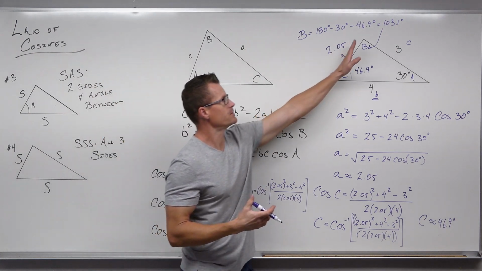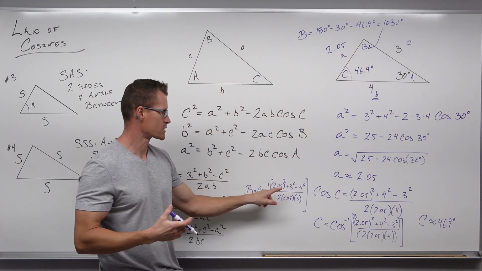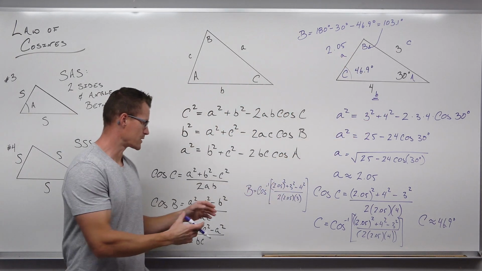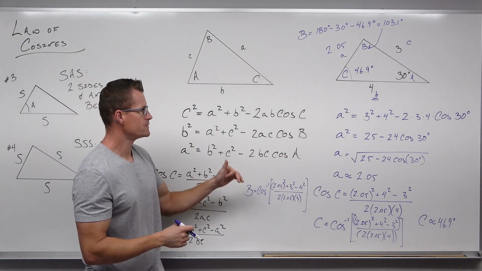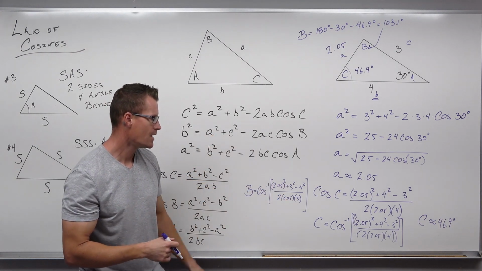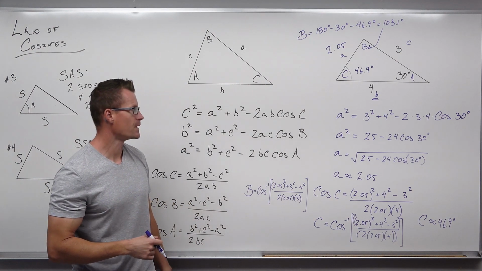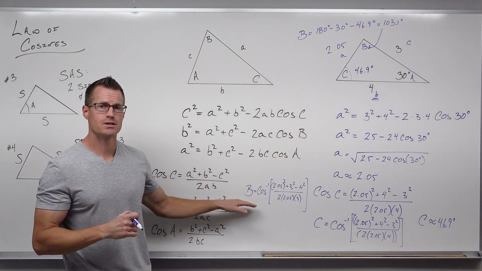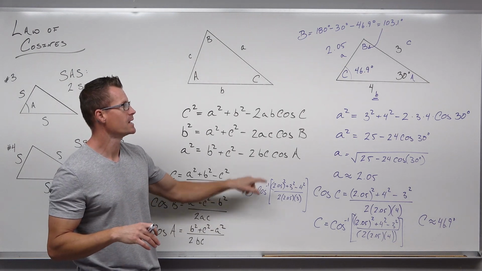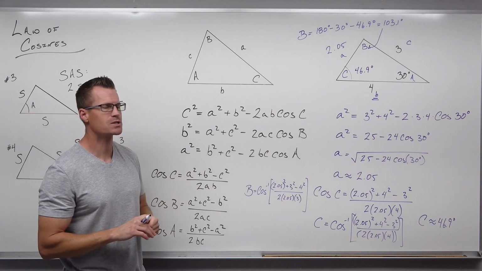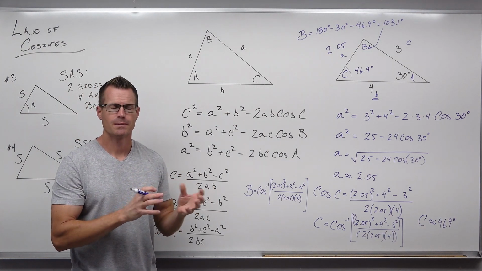The sides adjacent to angle B squared, so 2.05 and 3 squared, minus the side opposite squared, that's what this is telling you here, divided by 2 times the sides adjacent. So these same two numbers. That's precisely what we had down there. Remember that 3 was opposite C, just like 4 is opposite B. And this is going to equal, if you round to the same decimal place, exactly what that is, 103.1 degrees. I hope that makes sense. I hope you're seeing the ideas going through it.